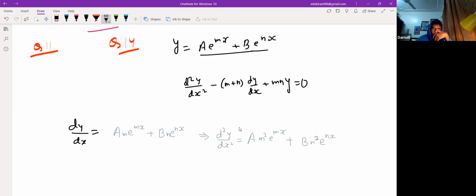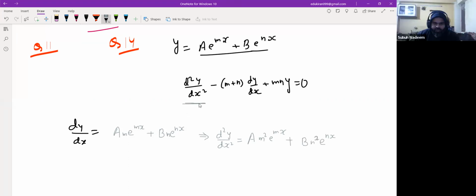Yes, sir. Now after getting d2y by dx square, let us put here. So left hand side will be equal to a m square e to the power mx plus b n square e to the power nx, then minus m plus n dy by dx.